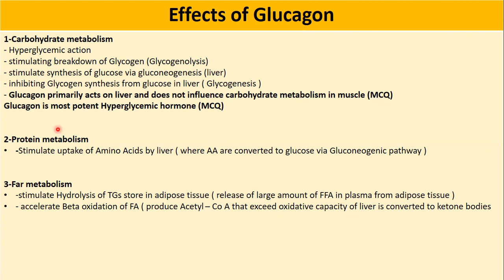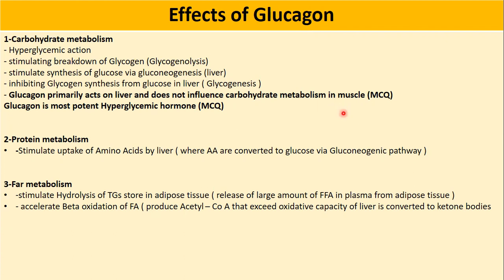Glucagon primarily acts on the liver. The point I have mentioned here is very important for MCQs: glucagon primarily acts on the liver and does not influence the muscle. On the previous slide, we need to study only the effects of glucagon on our liver and adipose tissue, and not on the muscles.